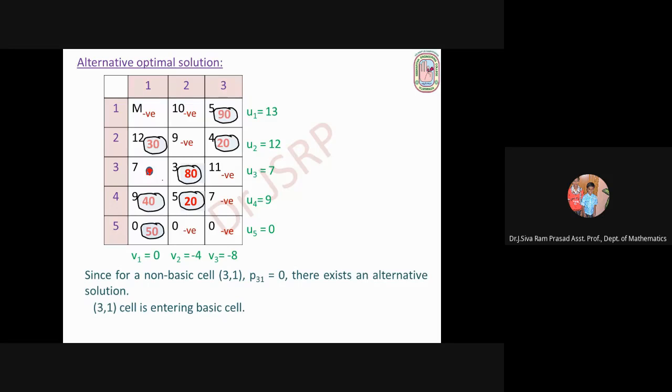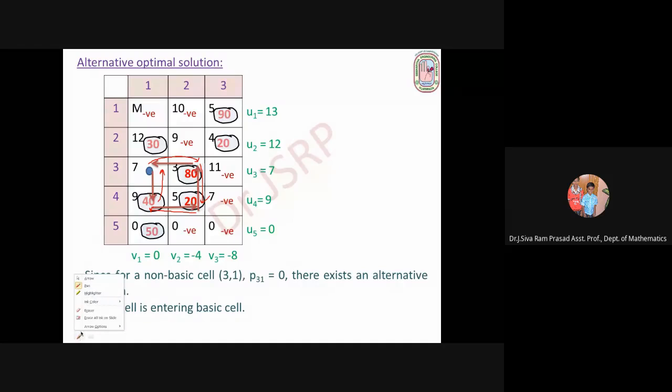The loop starts at 3,1 cell, then comes to 4,1 cell, from here to 4,2 cell, from here to 3,2 cell, and 3,2 cell to 3,1 cell. So this is the closed loop. Or in the other direction, from 3,1 to 3,2, 3,2 to 4,2, 4,2 to 4,1, and 4,1 to 3,1. Whatever the direction, clockwise or anti-clockwise, the loop is unique.